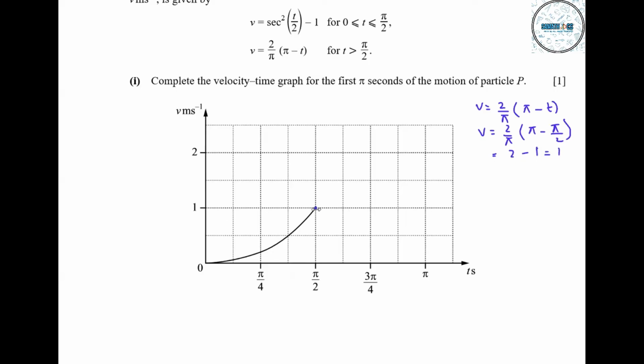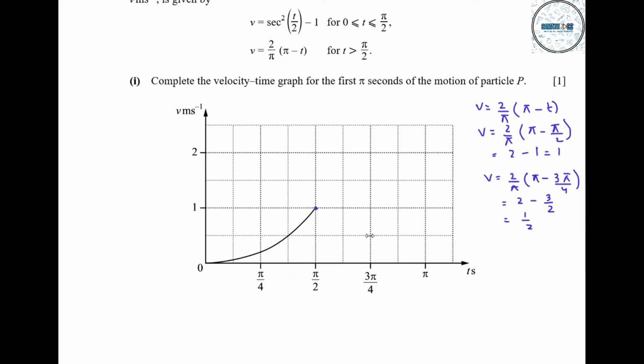So this point is already here. Then when we substitute here 3 pi upon 4, we will be getting 2 minus 3 upon 2, which is equal to 1 upon 2.